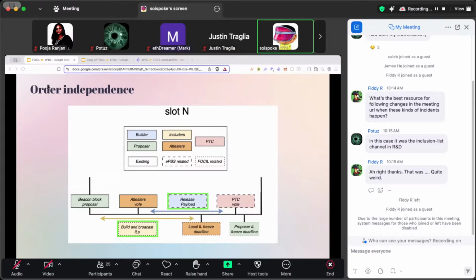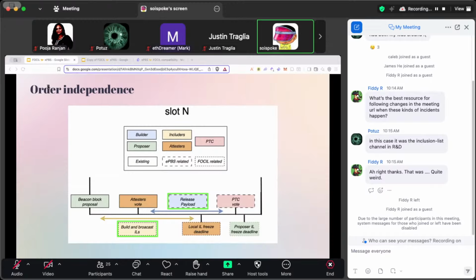But it's still important to say that we would ideally want most of the ILs to be built on the latest head. So the ideal scenario would be to have a payload that is released before the ILs can be built.